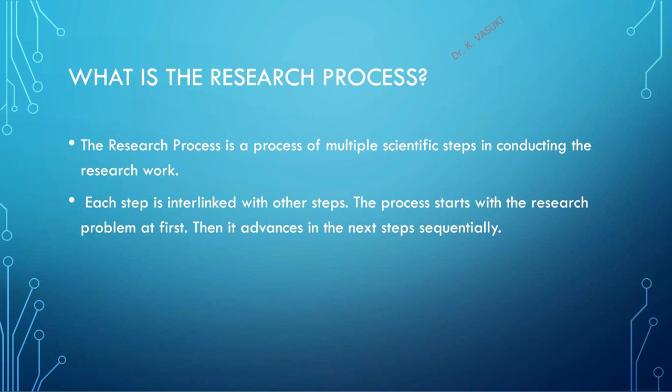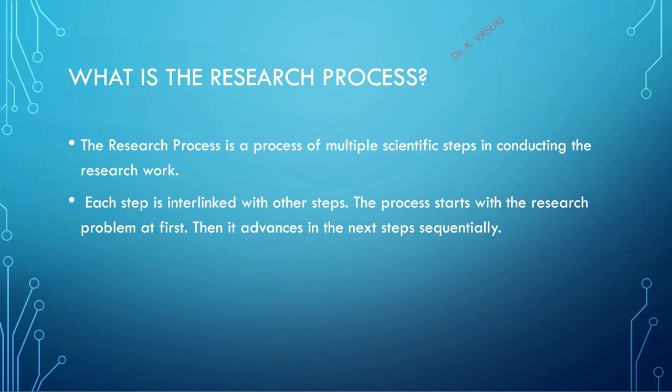Each step is interlinked with the other steps, because without one, we can't follow the other. That's why we say it is a scientific step. It has been proved that if you follow the steps, you can provide a proper result. Otherwise, you cannot say your study is proper research.